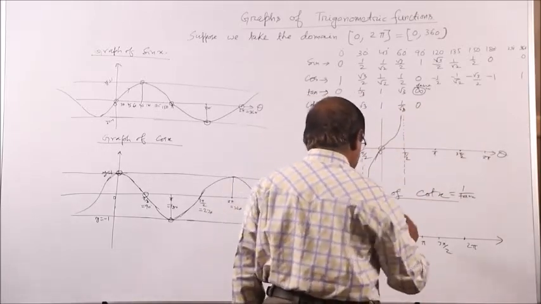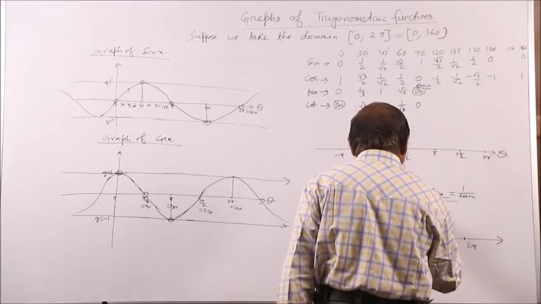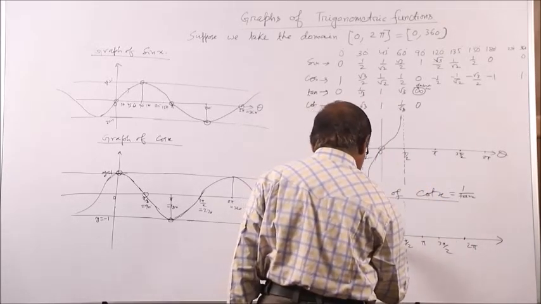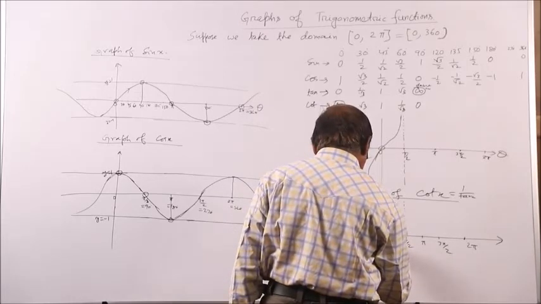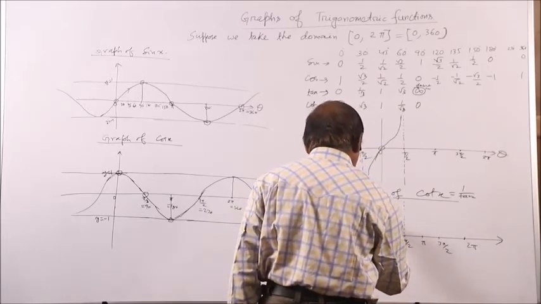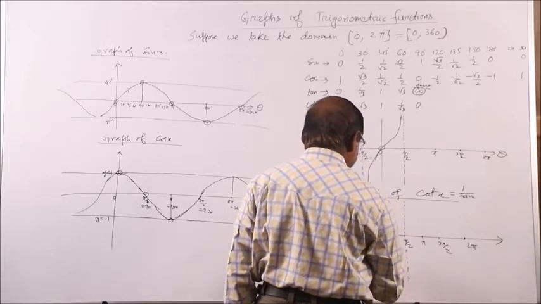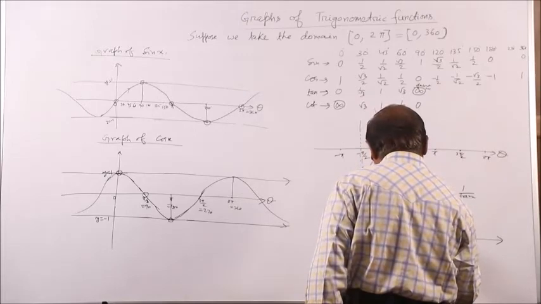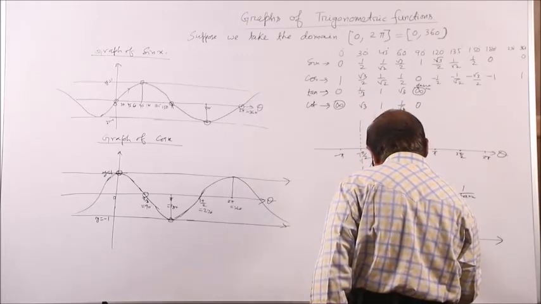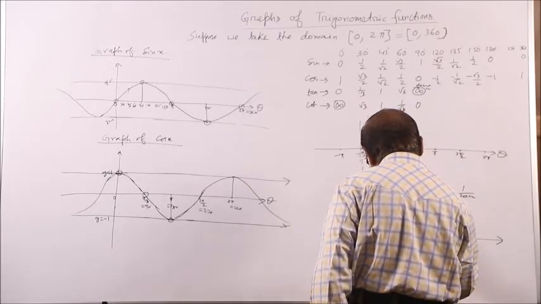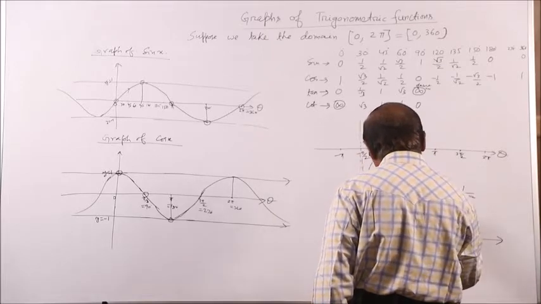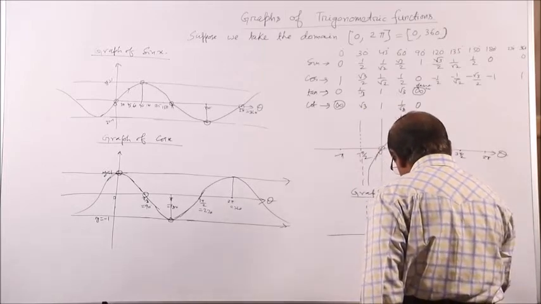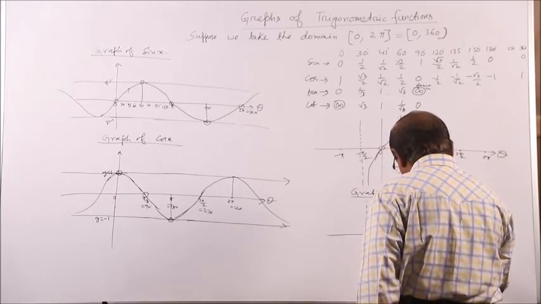So, you see the graph will be like this, it will go to infinity, because at 0 it does not exist, and similar is the curve.